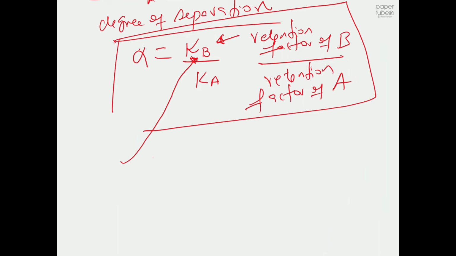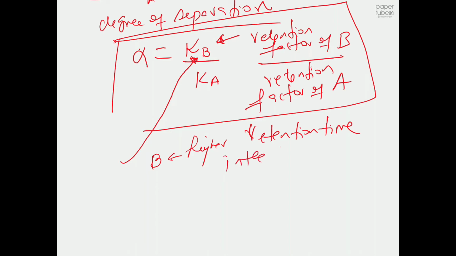In this case, B should have a higher retention time in the column, or the distribution constant K for B will be higher than for A.